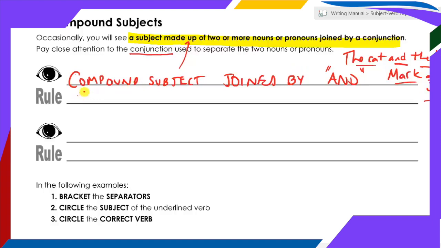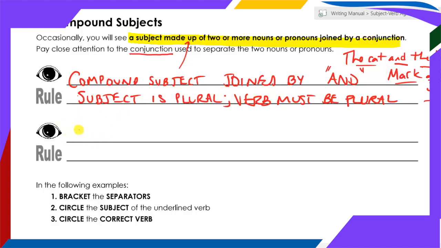The rule is: subject is plural, verb must be plural. Compound subject joined by and, the subject is plural, the verb has to be plural.